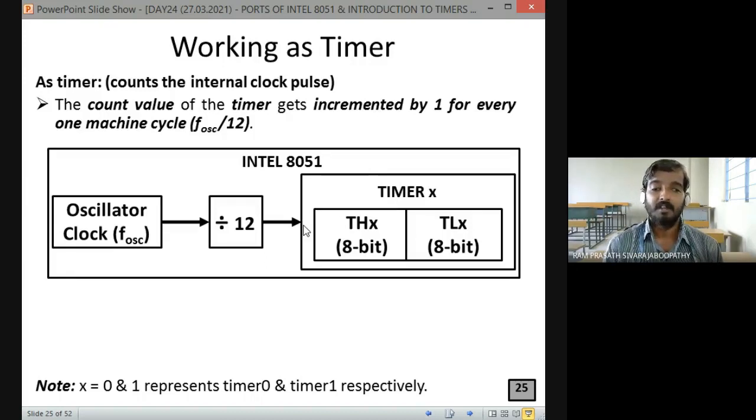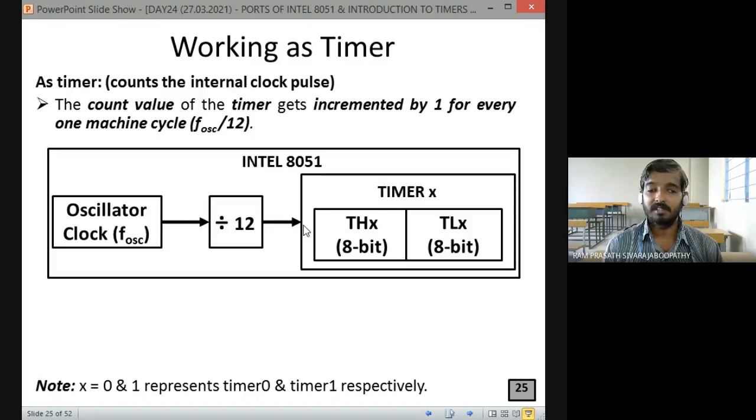That means, can you people say for a single increment in the count value, how much duration it is going to take? ஒரு மிஷின் சைக்கிளுக்கு ஒரு தடவை இன்க்ரிமெண்ட் ஆகுதுன்னு சொல்றோம். வாட் அபவுட் த டைம் பீரியட்? ஃப்ரீக்வன்சி FOSC by 12 சொல்றோம். வாட் அபவுட் த டைம் பீரியட்?